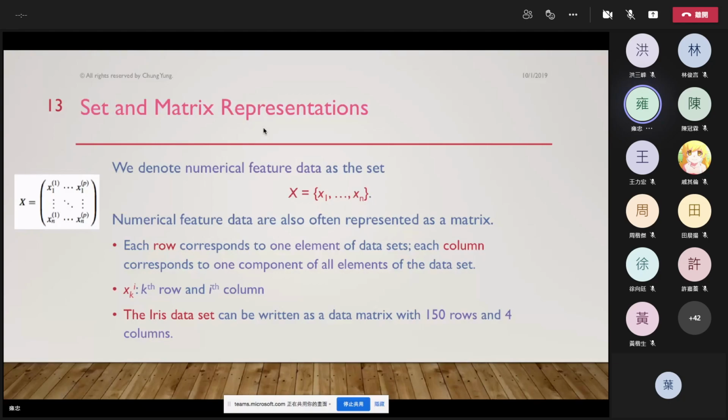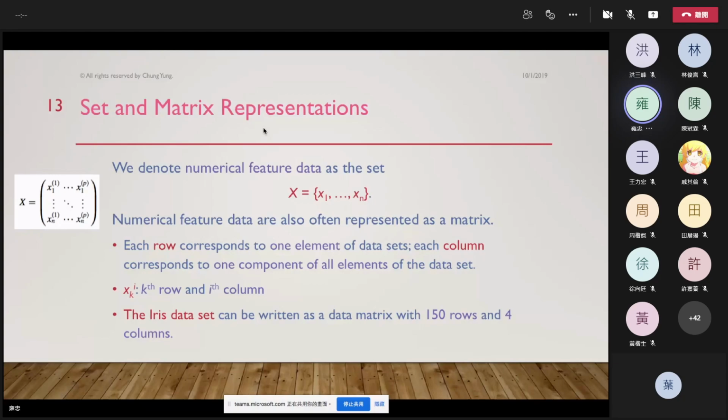Considering a matrix, especially the numerical data set in a matrix, each row corresponds to one element of the data set, and each column corresponds to one component of all elements of the data set. And usually a number in the matrix is denoted by xk of i.